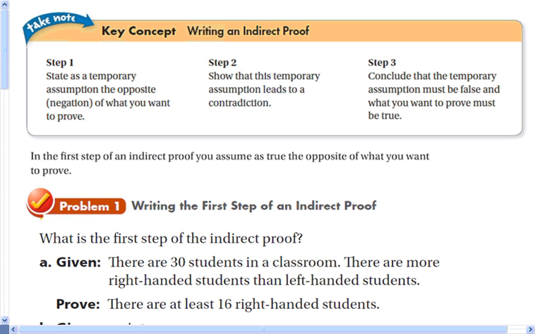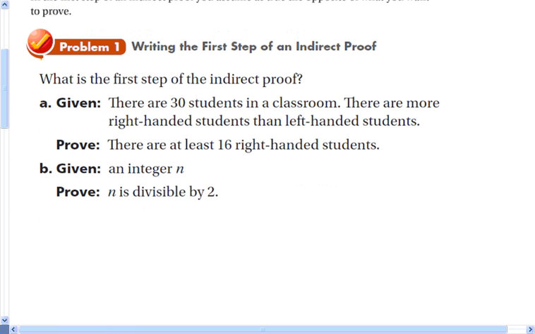So, first thing we're going to do is learn how to write the negation. It's the negation of what we're trying to prove that we want to write. So there are at least 16 right-handed students. If I let R be my right-handed students, at least 16 means R is greater than or equal to 16.